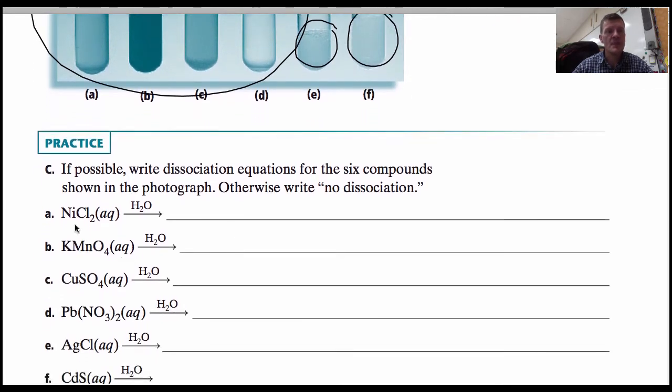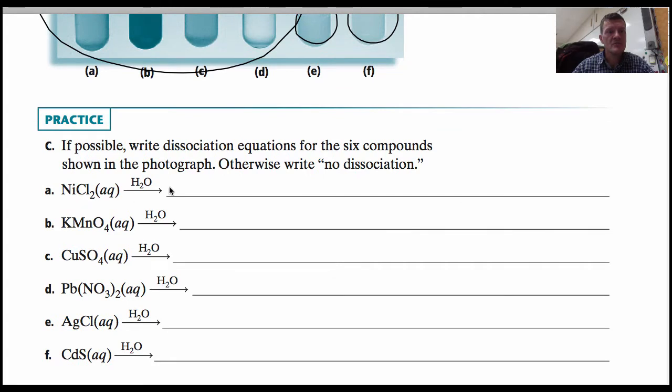For example, nickel chloride here, nickel(II) chloride, is going to dissociate into nickel and chloride ions. Now, how do I know what the charges are? Well, you have to know a little bit about when we talked about the ions. Chlorine always forms a -1 ion. It's always a -1.